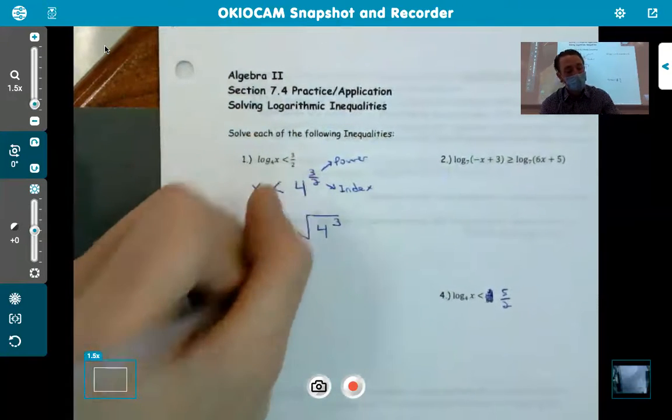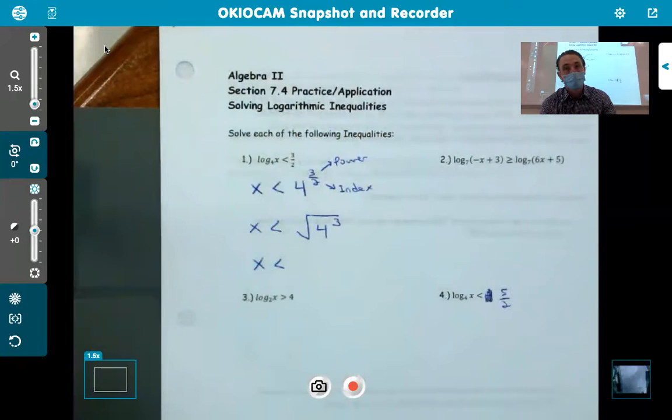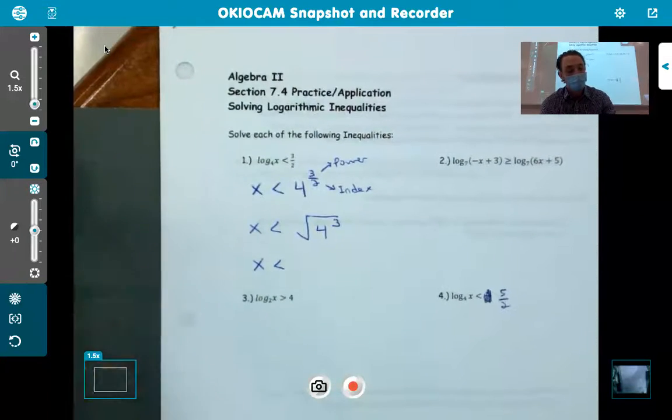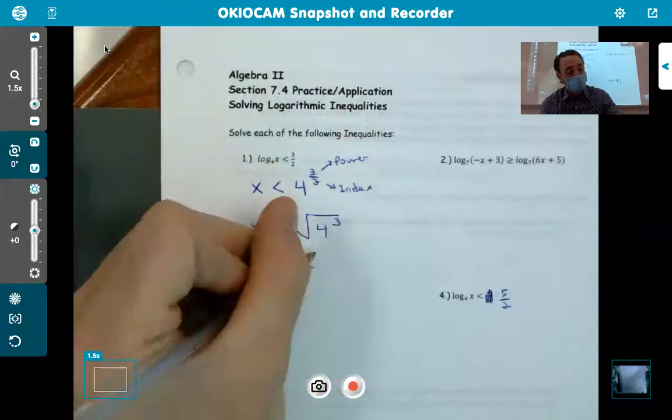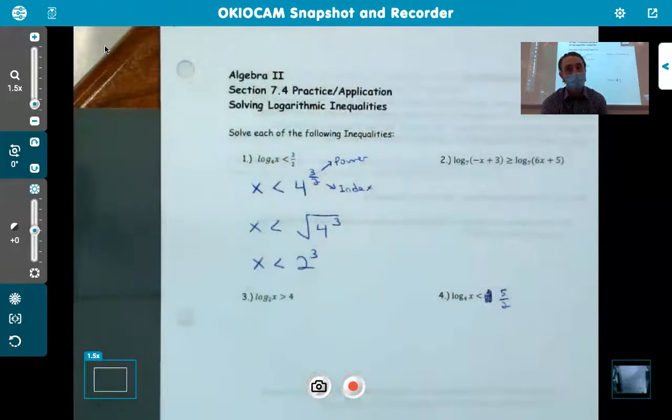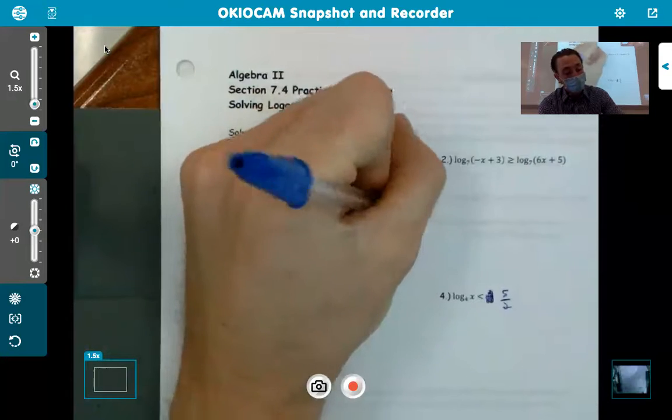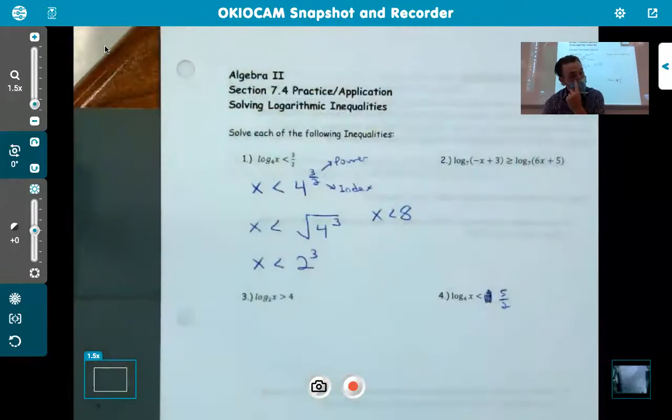Well, what's the square root of 4? 2. And what's 2 raised to the third power? What's 2 times 2 times 2? 8. So I have X is less than 8. Is my problem over?